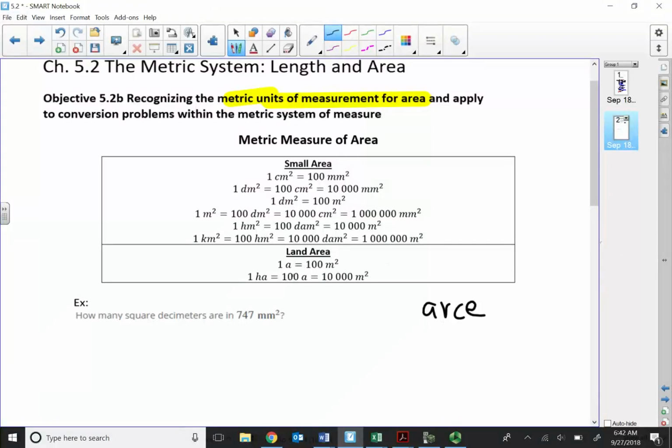So we don't use Ars much as far as land area, but this is 1 unit for land area that the metric system uses. So it's kind of weird.